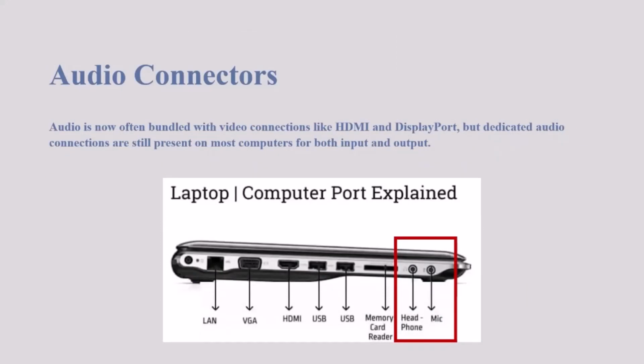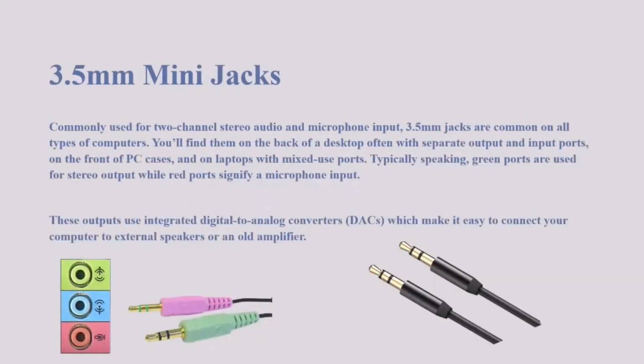Audio connectors. Audio is now often bundled with video connections like HDMI and DisplayPort, but dedicated audio connections are still present on most computers, with both input and output. Commonly used for 2-channel stereo audio and microphone input, 3.5 millimeter jacks are common on all types of computers.